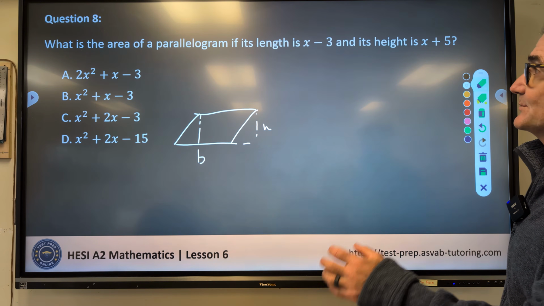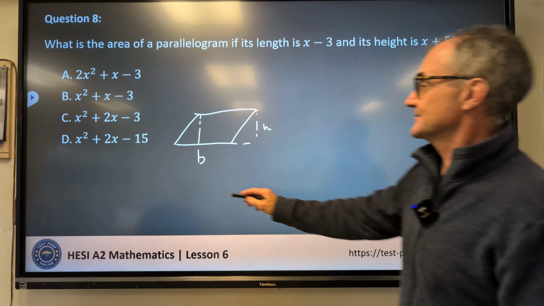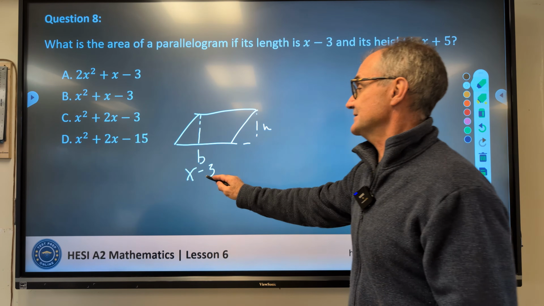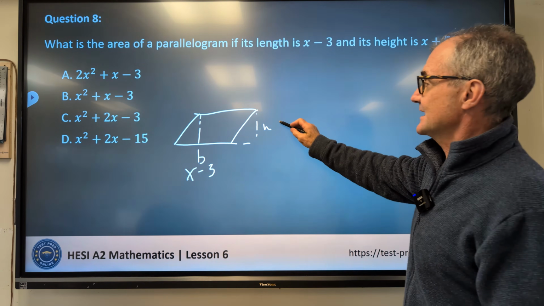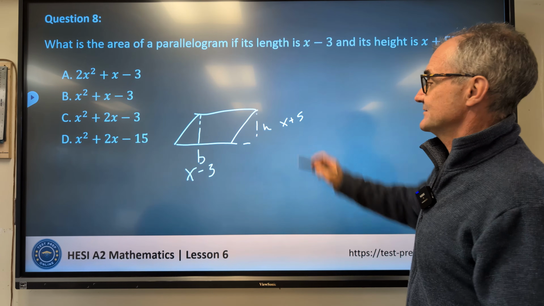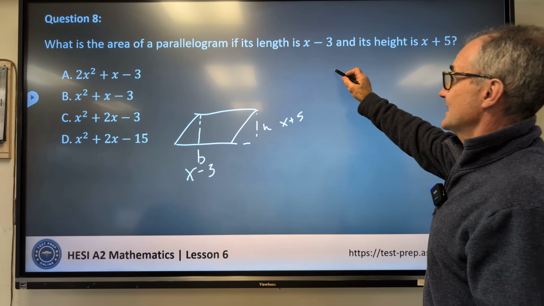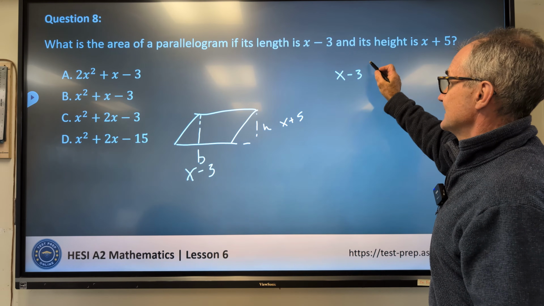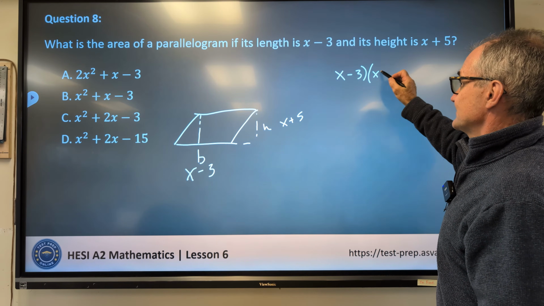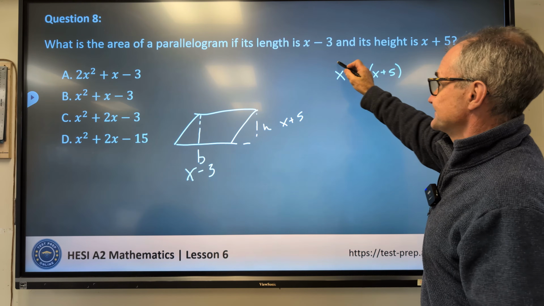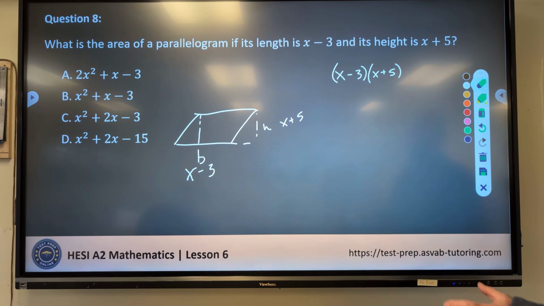What is the area of a parallelogram if its length is x minus 3 and its height is x plus 5? So again, area of parallelogram is base times height. So I have to do x minus 3 times x plus 5. It's pretty hard for algebra.